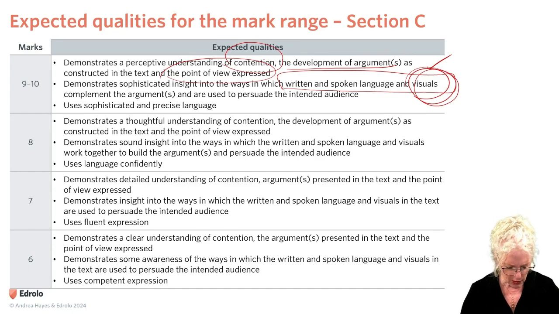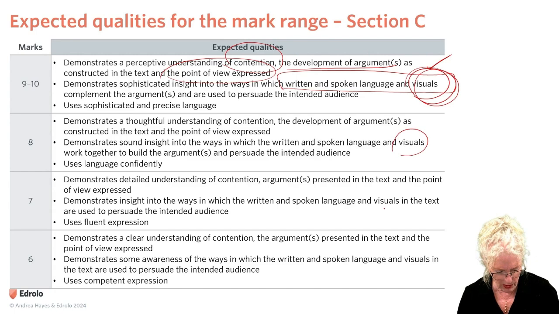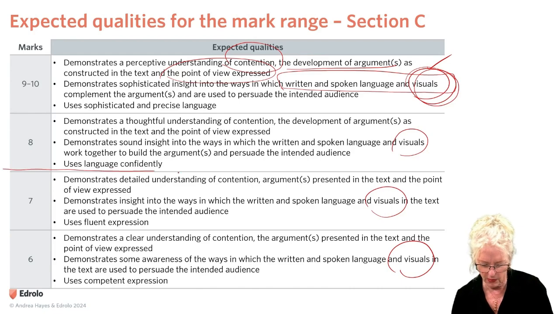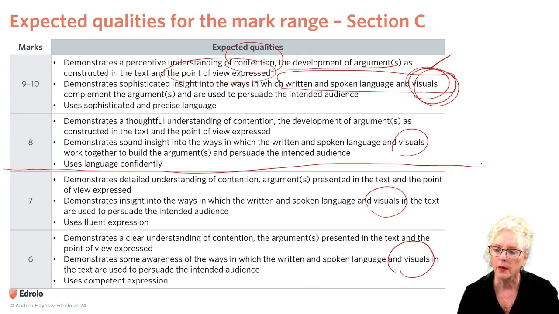Lots of other ones you can see through. Visuals are everywhere. Do not forget these visuals. Okay? Competent expression, fluent expression, uses language confidently. That's when you're getting up into the high category. If you're just competent or fluent, you might just be in that middle category.